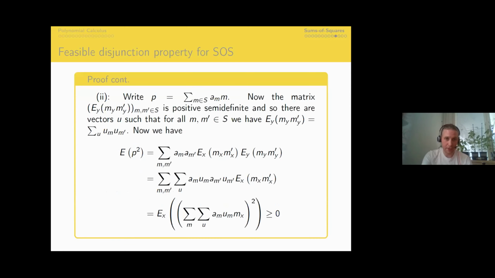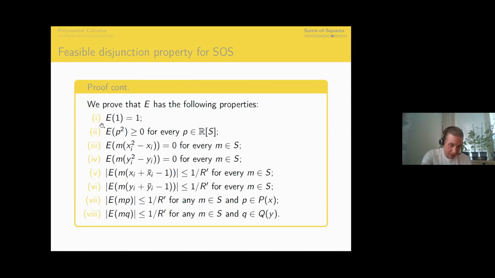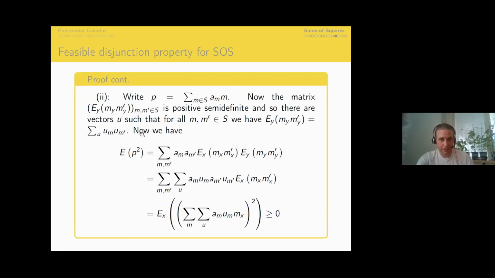Okay. So again, let's start with this second. Any square gets a non-negative value. This is simply as follows.